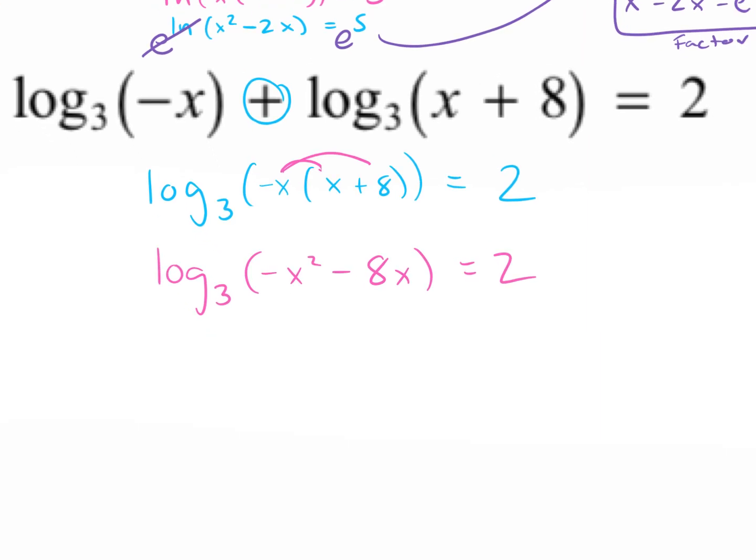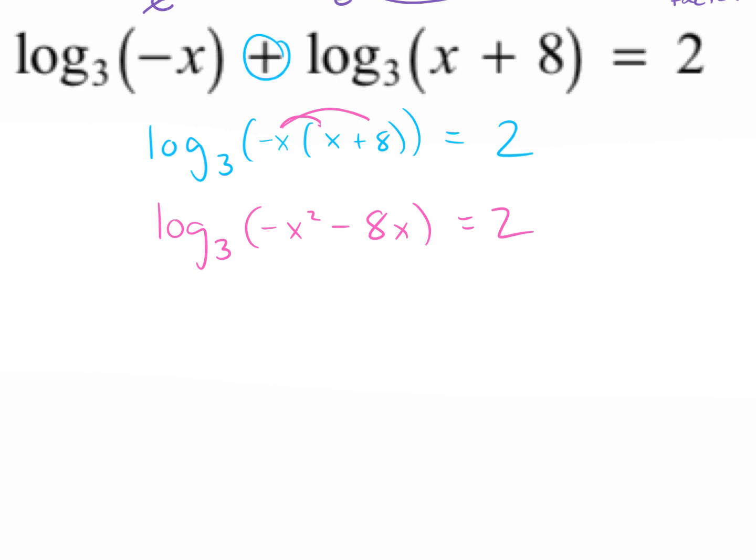What can we do next? Make the big base 3, but we have to do it on both sides. So 3 to the power of log base 3 cancels, so we're left with negative x squared minus 8x is equal to what? 3 to the power of 2, which is 9.